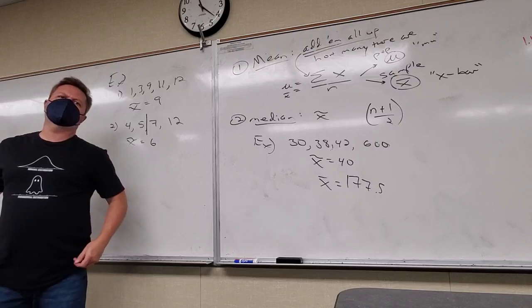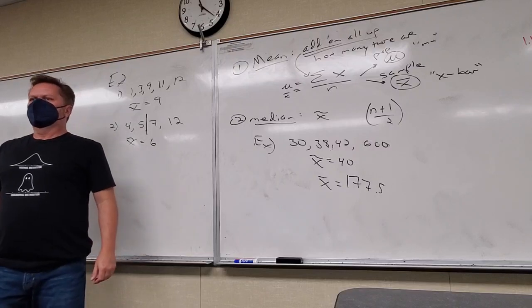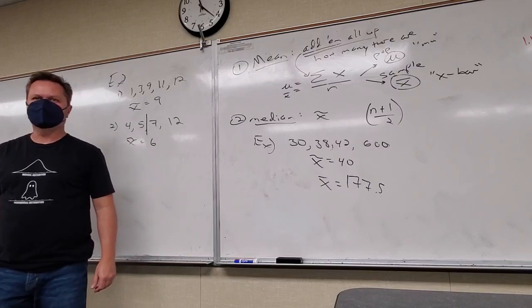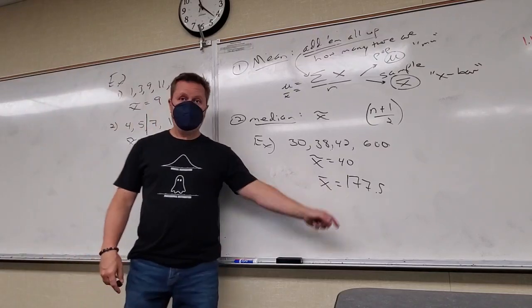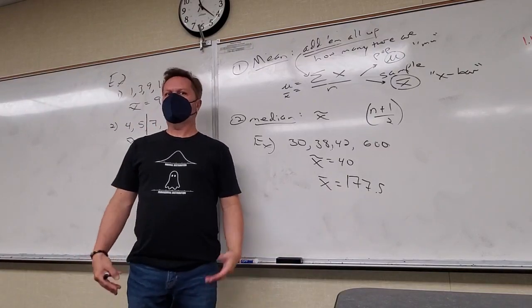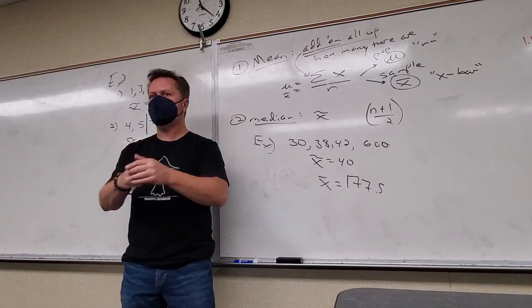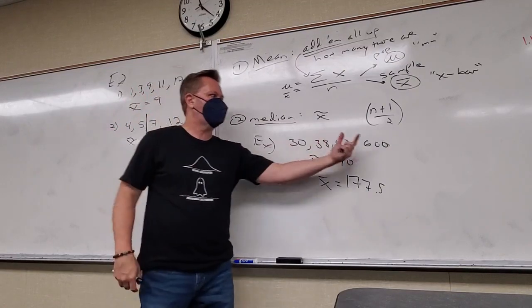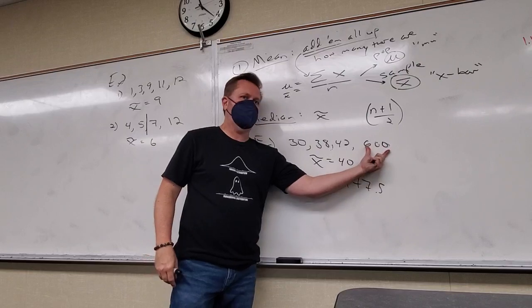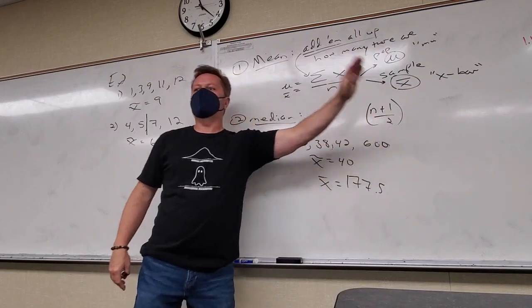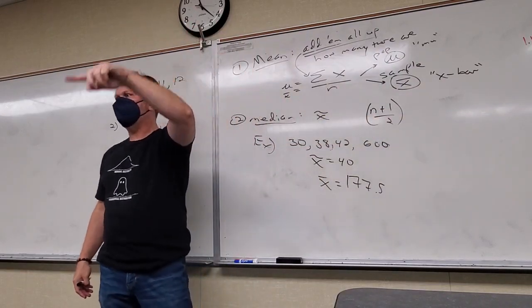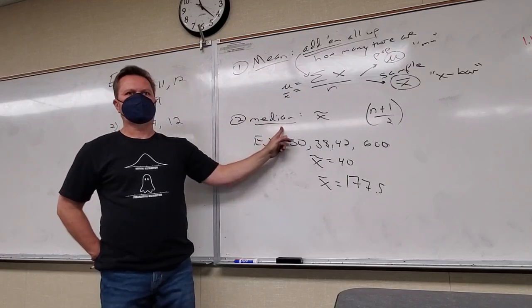And they said $177,500 a month. No, a year. And I'm like, whoa, yeah. Well, they lied to me. They took the average, but that's not really representative of the center of the data because I had, what would this be called? This is definitely an outlier. So anytime our data has outliers, we'd much rather use median.